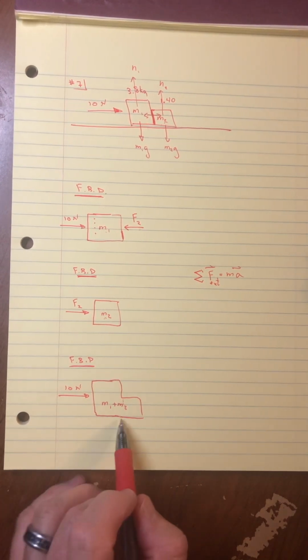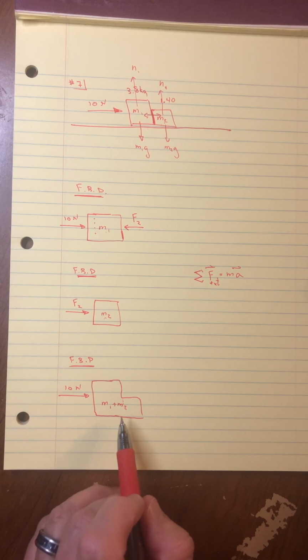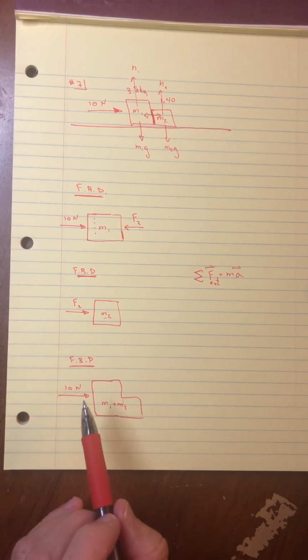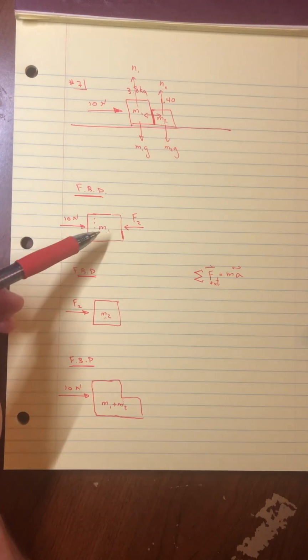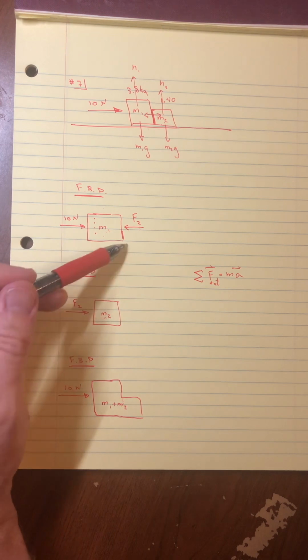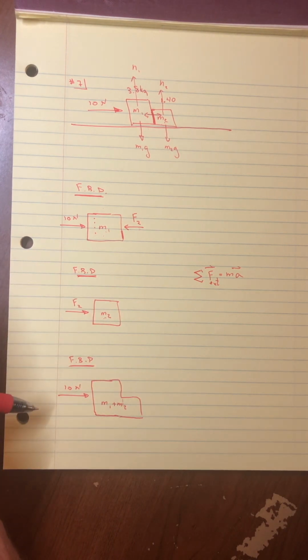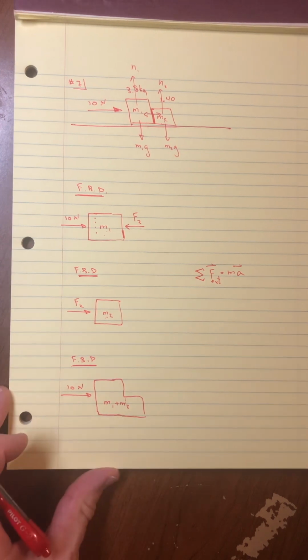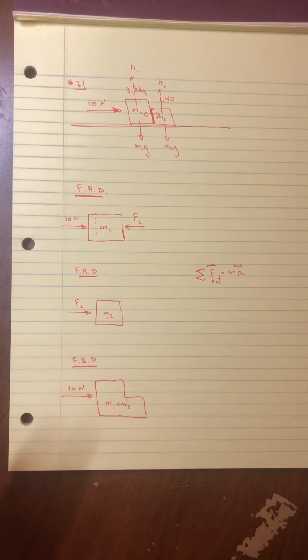And so this is why this one can become a useful problem. I can't do it by itself, because ultimately I've got to do this picture or this picture, because I've got to find force number 2, and each of these have force number 2. But this one doesn't have force number 2 and can tell me something about the whole acceleration.